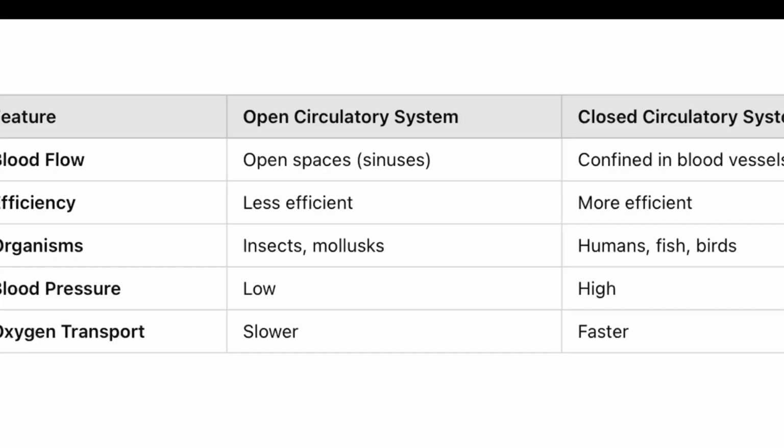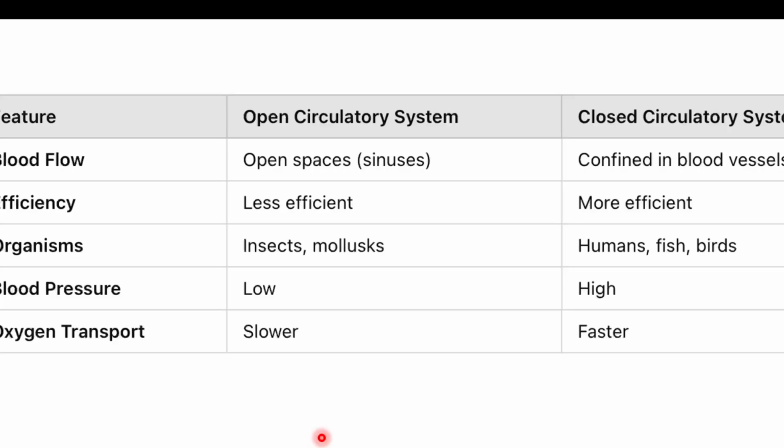Porifera, or sea sponges, do not have a circulatory system. They rely on water flow for nutrient and gas exchange. In a sponge, the water flow itself acts as a pseudo circulatory system. Nematodes, or roundworms, have a simple unsegmented body, lack a circulatory system, and also use diffusion for transport.